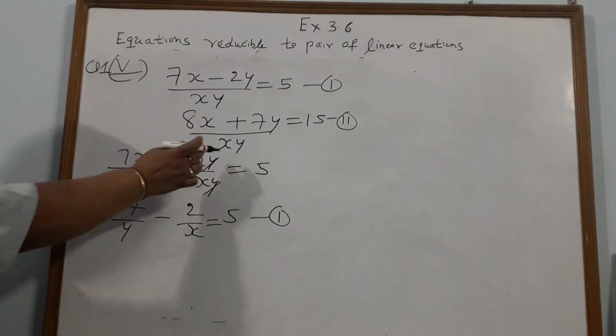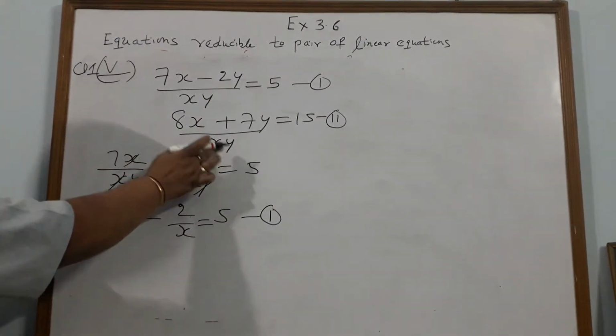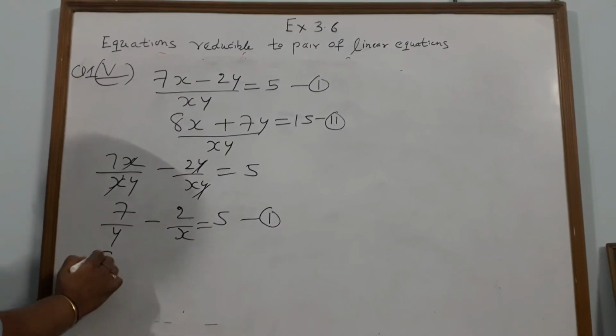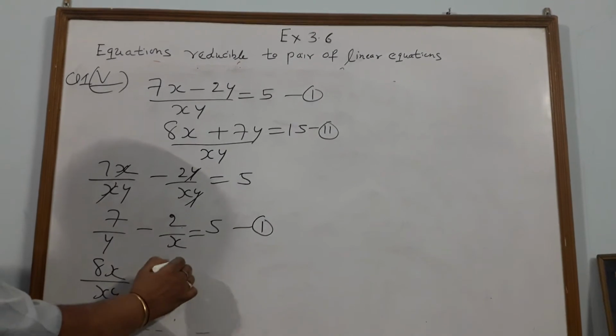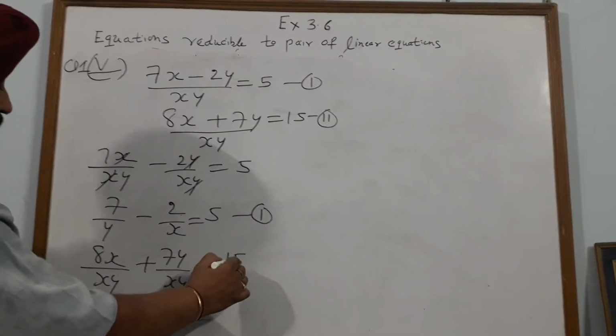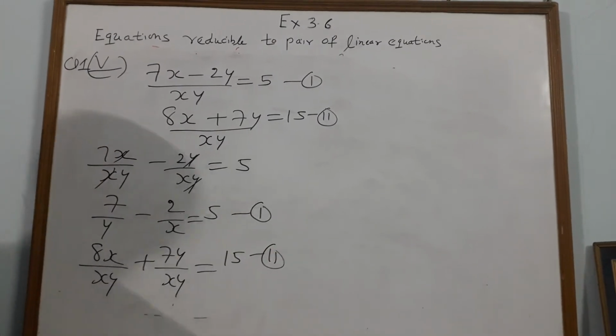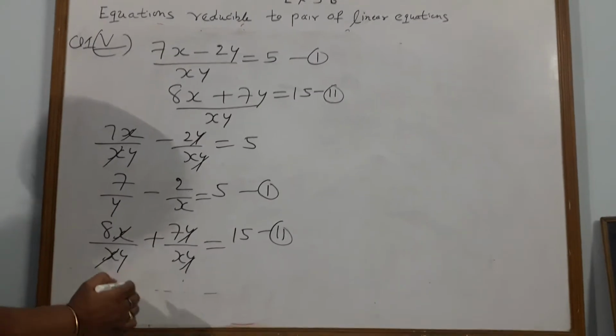Similarly, split the second: write 8x over xy plus 7y over xy is equal to 15. This becomes the second equation. Now x gets cancelled, y gets cancelled.